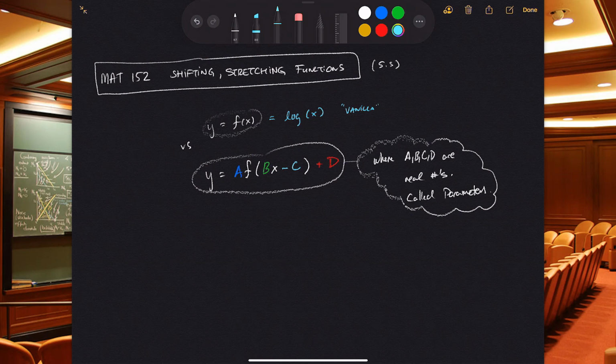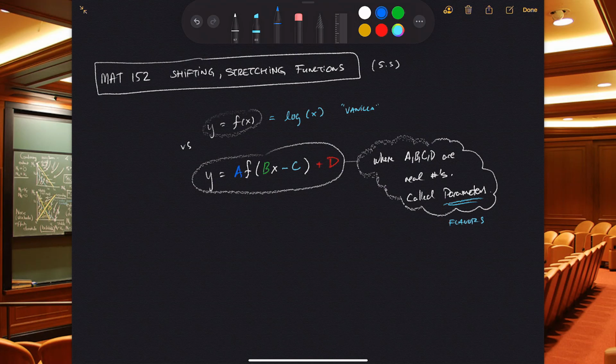But then we can add some flavors or parameters that are going to shift and stretch the original vanilla function into something else. So A, B, C, and D, you're going to see these sometimes present, sometimes not present, and they would be real numbers, the real numbers you know and love. And they alter the function. And so our job in this unit is to understand what each of these does for all functions.